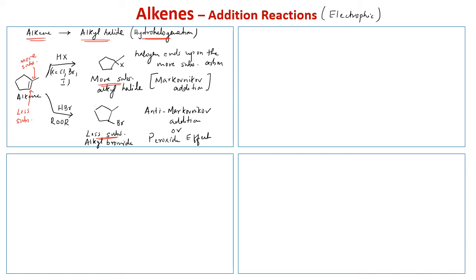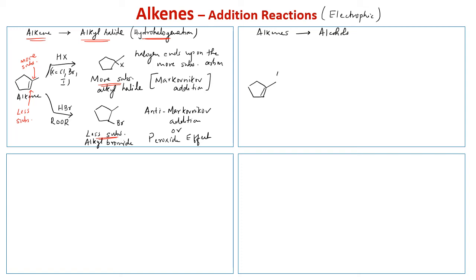The second set that we're talking about is the conversion of alkenes into alcohols. Okay, now there are three reactions that can convert alkenes into alcohols, and we'll use the same alkene as an example here to showcase what products are formed.